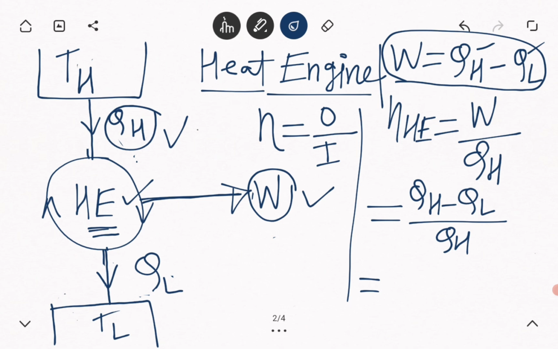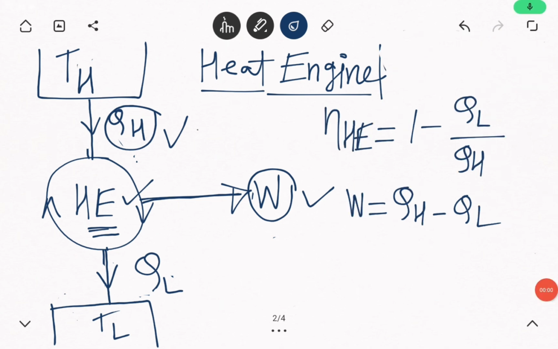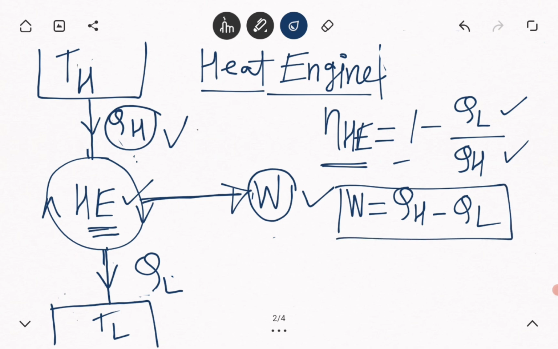Dividing by QH, it will become 1 minus QL divided by QH. So now we know that efficiency of heat engine is equal to 1 minus QL by QH, and the mechanical work is QH minus QL.